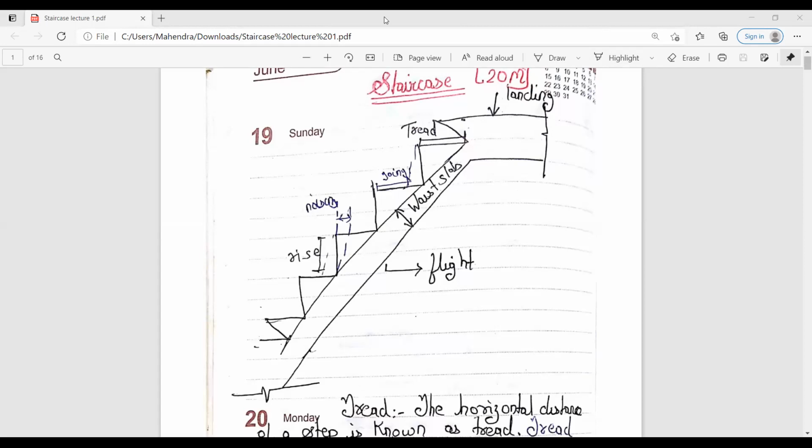Till then, all of you draw this diagram. And after completing, let me know so that we can proceed further.